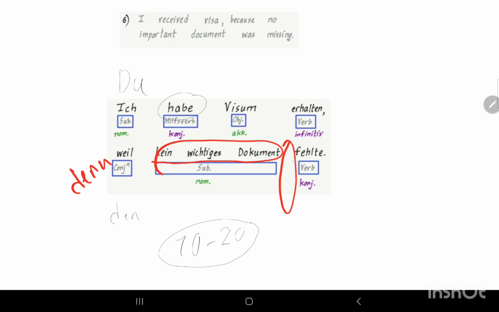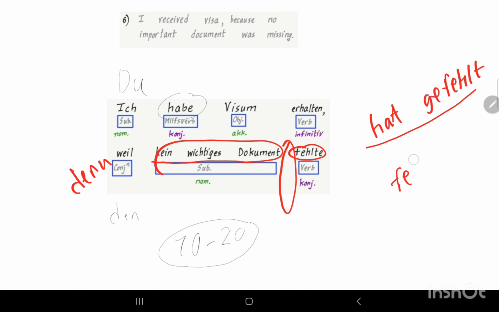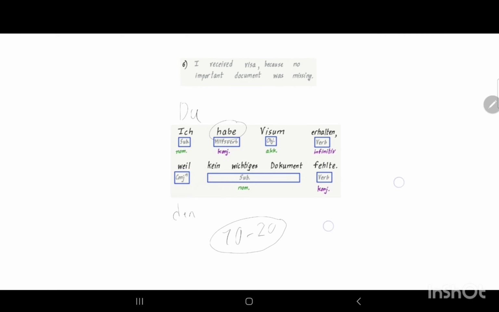And if instead of fehlt you would have said hat gefehlt, it would still have been the same because there is no object. With the verb fehlen, you normally say etwas nominative fehlen, something is missing.